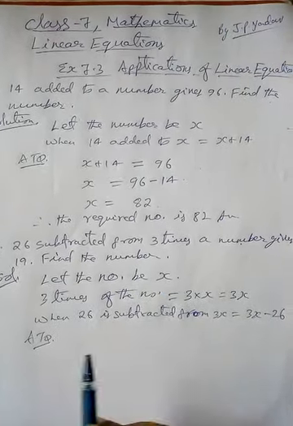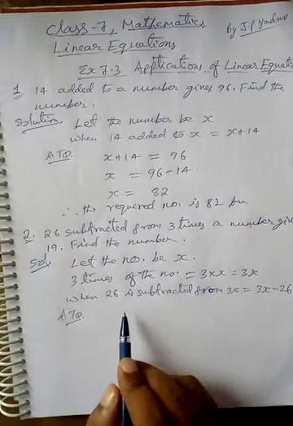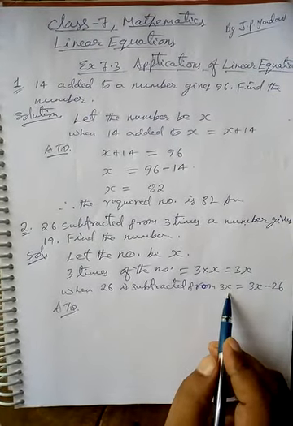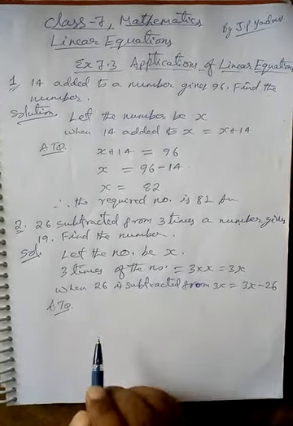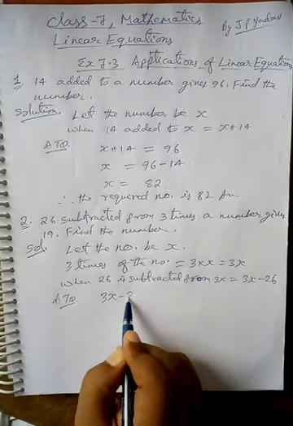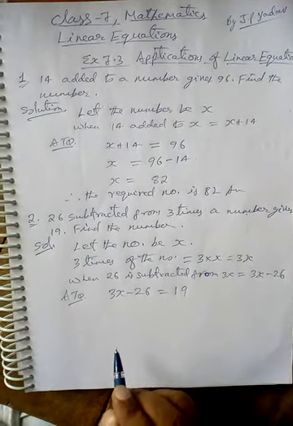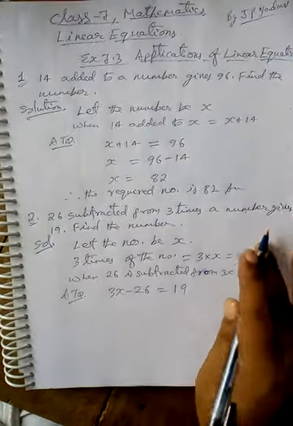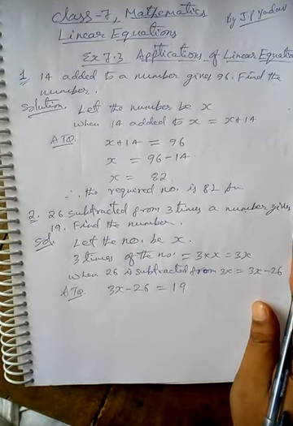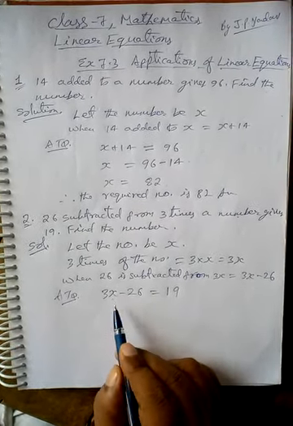Let the number be x. 3 times the number is 3x. When 26 is subtracted from 3 times the number, it becomes 3x minus 26. Now since it is said that 3x minus 26 gives 19, this is the equation you got. 3x minus 26 equals 19. Now we have to find x, the unknown quantity.